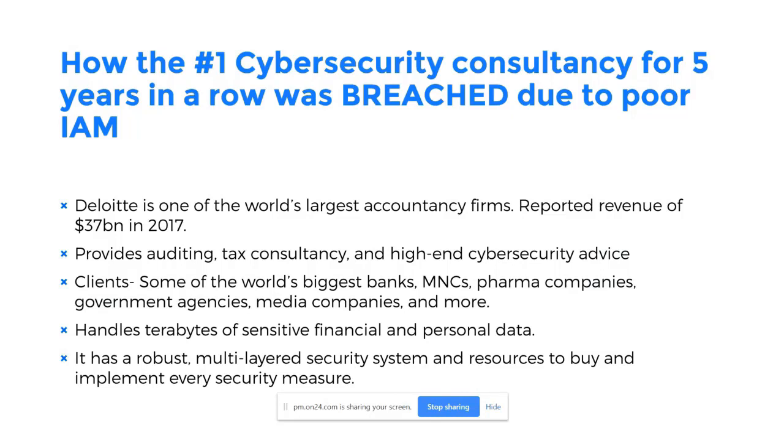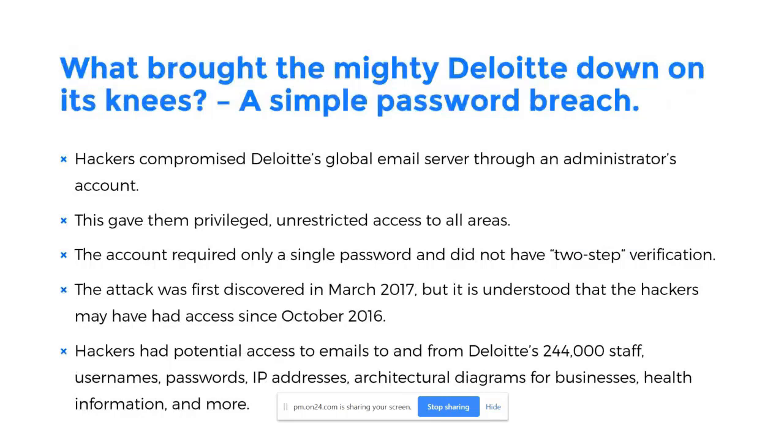They had the best multi-layered security system that someone could have. They, in fact, gave a lot of organizations best practices to get things done. But they did not enable just one step, which was two-factor authentication, and that was the end of Deloitte's reputation.